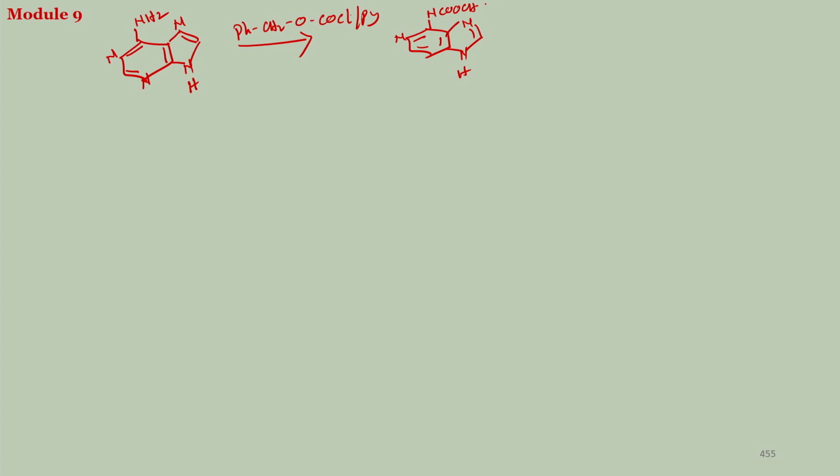COO CH2 pH, here is N, and then similarly Br CH2 COOEt, number 1, number 2 hydrolysis.